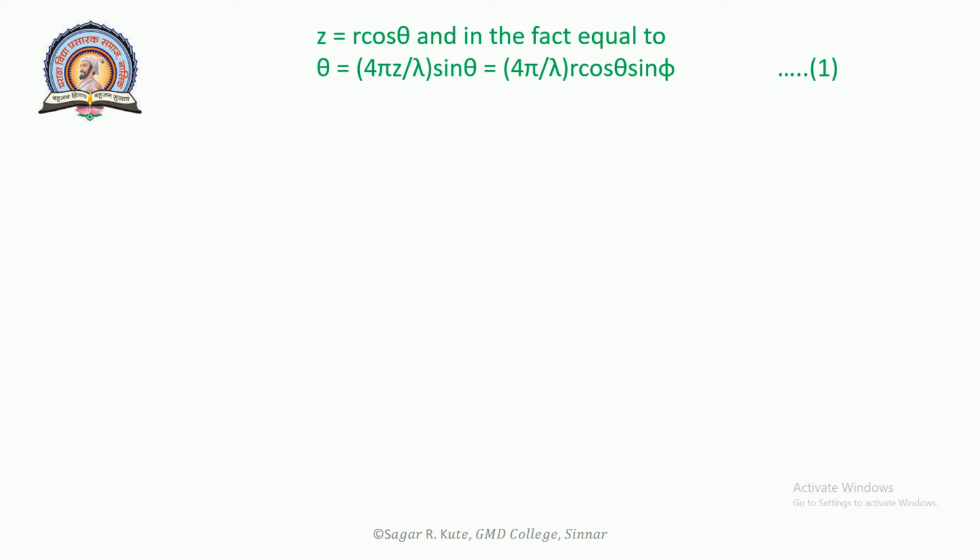The phase difference is equal to (4 pi z upon lambda) sin theta, which is equal to (4 pi upon lambda) r cos theta sin theta. This will be equation number 1.